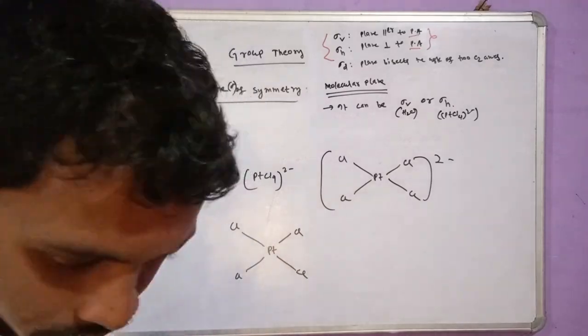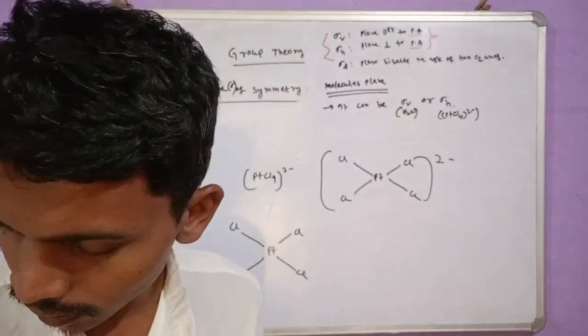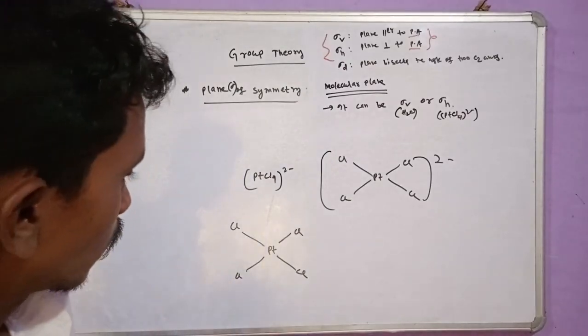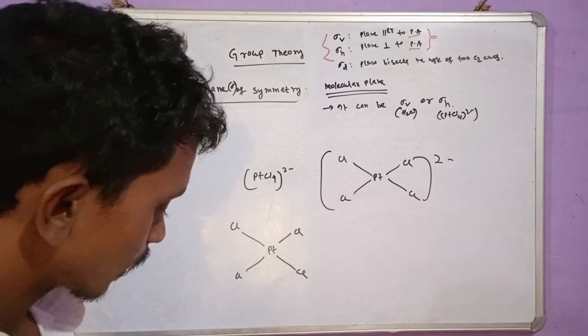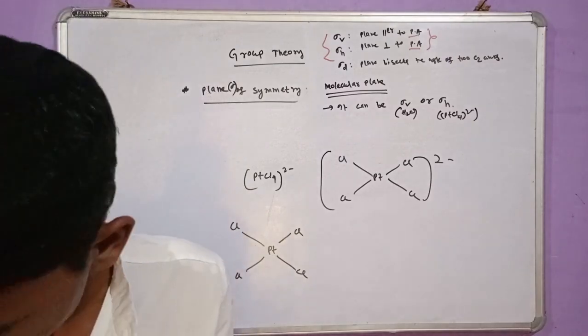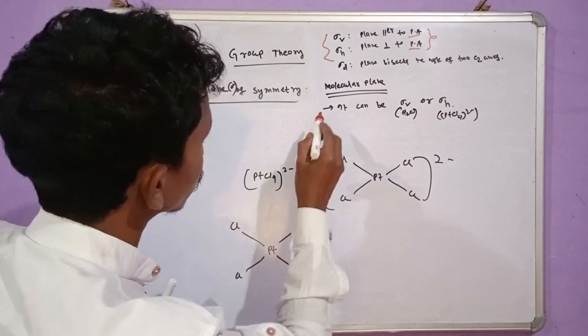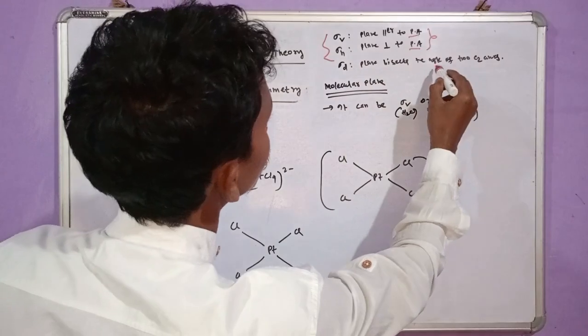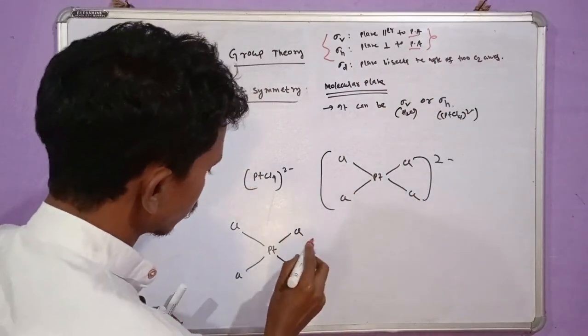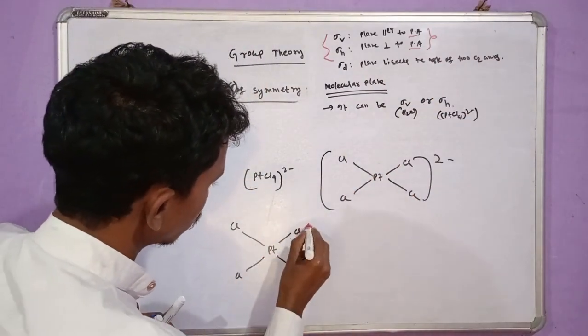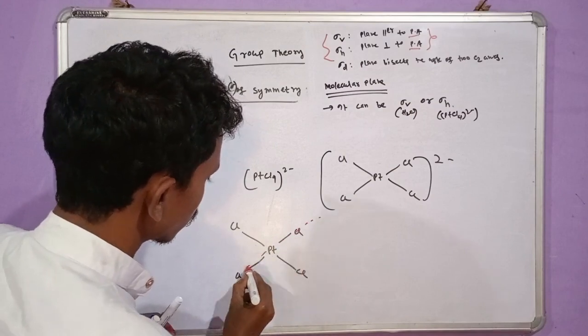In this molecule, I can pass one plane. The plane bisects the angle of two C2 axes. Let's say here I can pass one C2 axis.